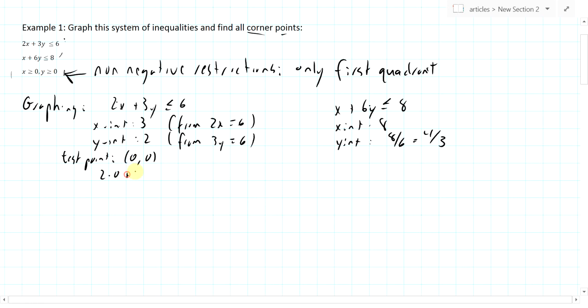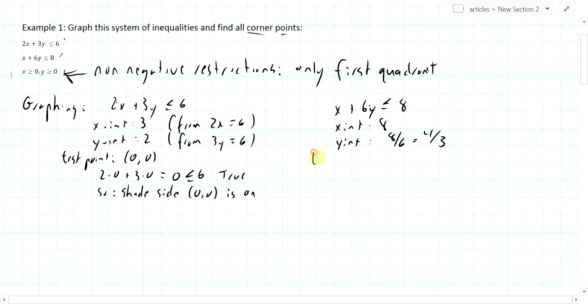2 times 0 plus 3 times 0 equals 0. That's less than or equal to 6. This is true. So, what does that mean when you plug in your test point and you get something true? That means you shade the side 0, 0 is on. Right. So 0, 0 is on the less than side of 6.